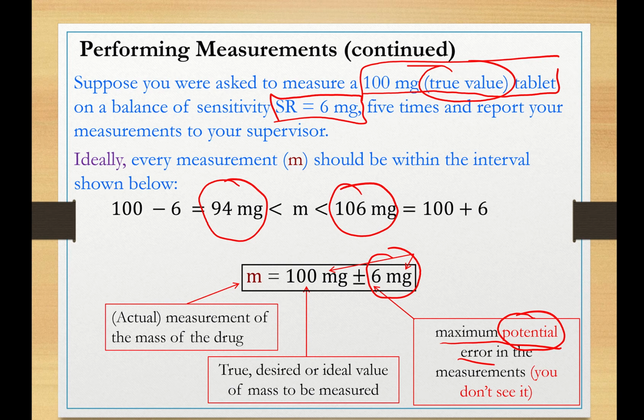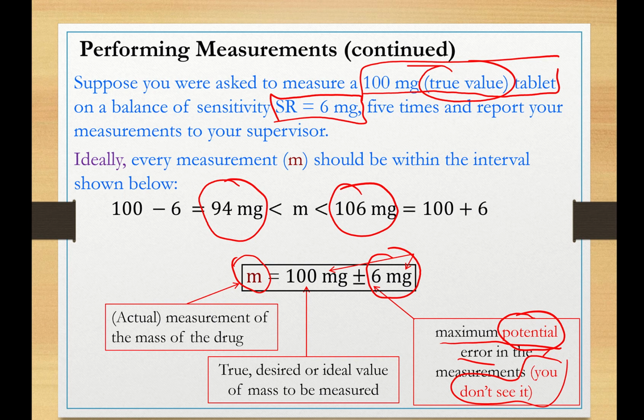It's called potential error, meaning that it doesn't have to occur with a measurement. Of course, you don't see it, but it is included in the final value of the actual measurement. So you may place the tablet on a balance and not be able to measure exactly 100 milligrams.